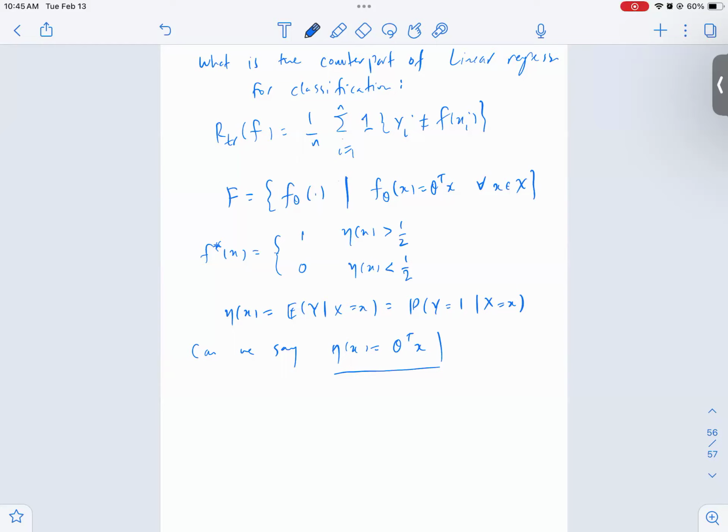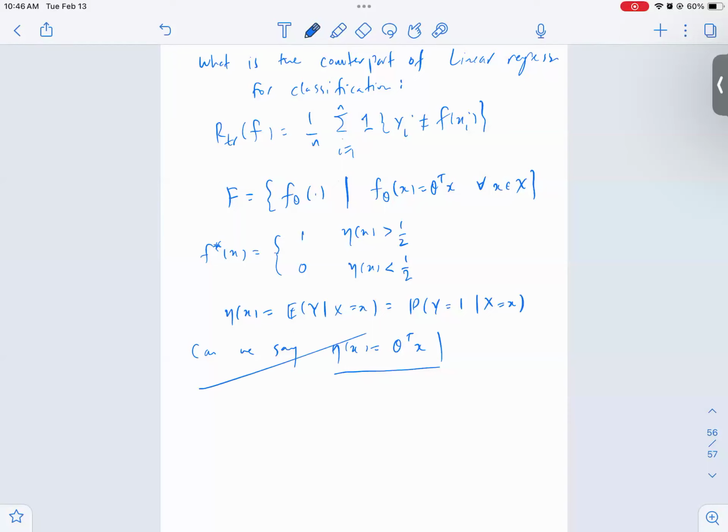So you want it to be sort of linear, but no linear function of x behaves like a probability, because it has to saturate at one. So what is the solution? This is not good.